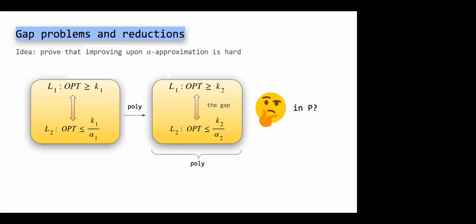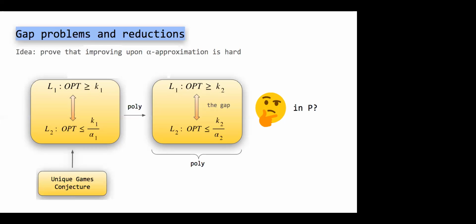So when we begin with a problem which is hard on the left and make this kind of reduction, then it also implies the problem on the right is hard. But how to find some gap problem to begin with?